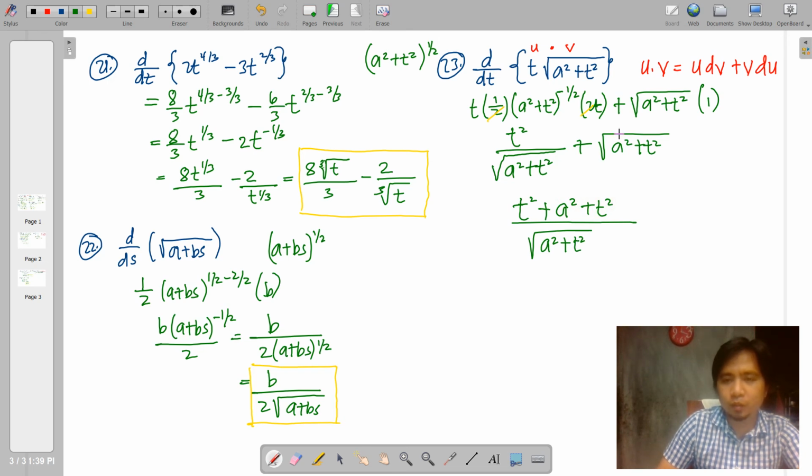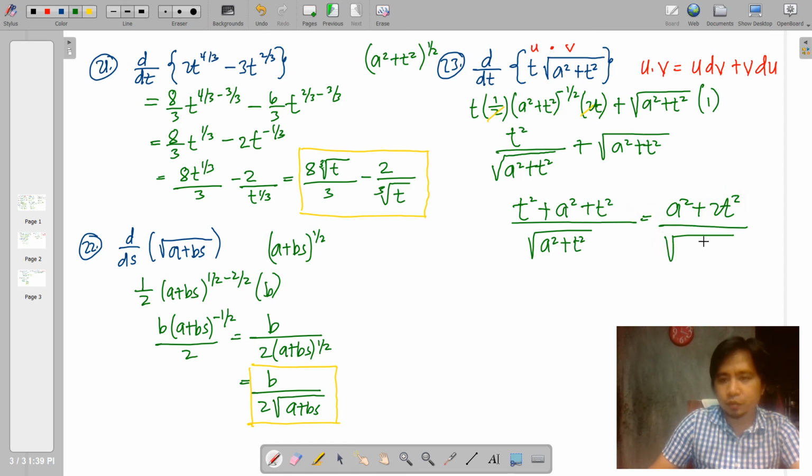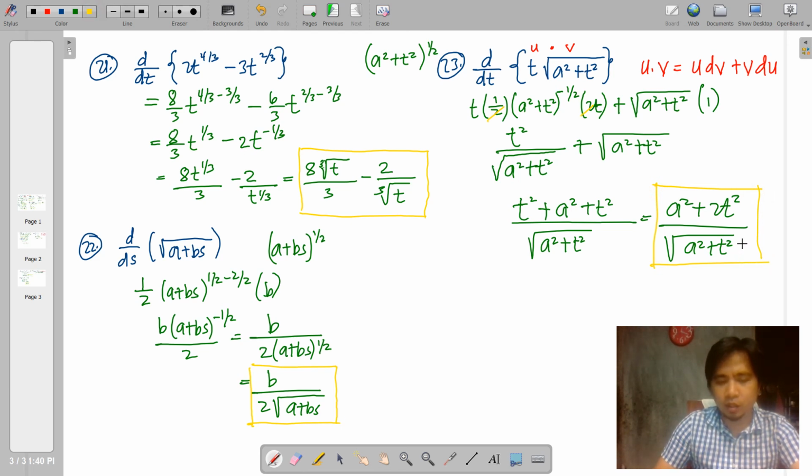So, we'll just eliminate this radical sign here. So, finally, we have a squared plus 2t squared all over square root of a squared plus t squared. So this shall be our answer for number 23. So this is an example of product rule in differentiation.